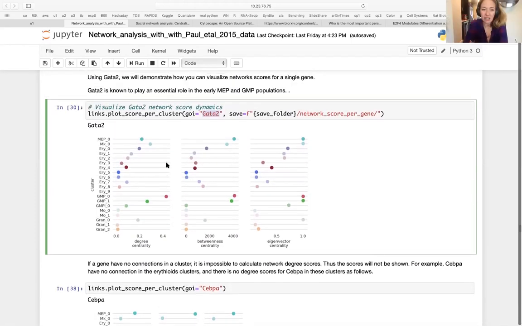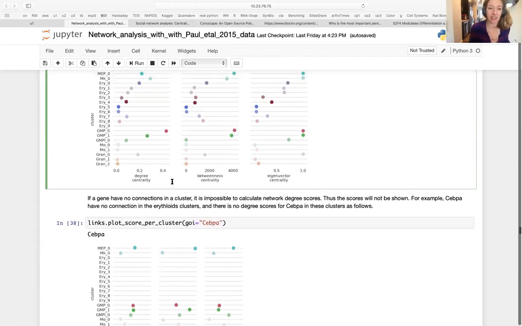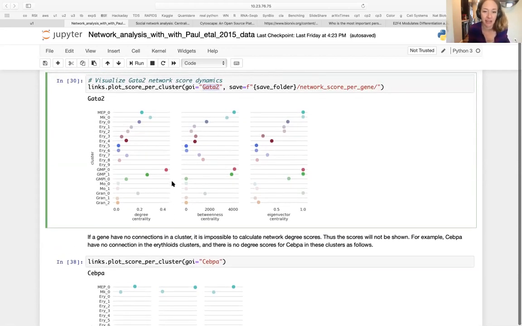Hopefully this helps. So Kenji, in terms of the different degree centrality metrics here, I think it's interesting in this MEP cluster, for example, with GATA2. For degree centrality, we're looking at the number of edges in total. But then eigenvector centrality in this context gets really interesting. We see that the MEPs have a reasonable amount of connectivity in terms of GATA2, but the eigenvector centrality is high.